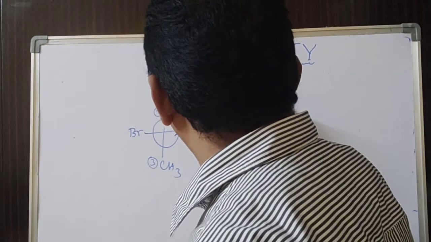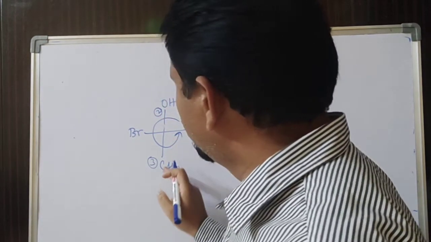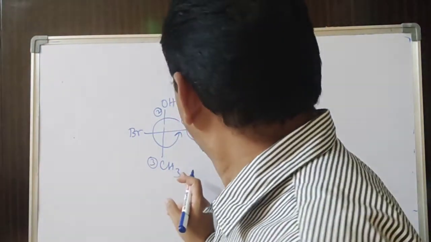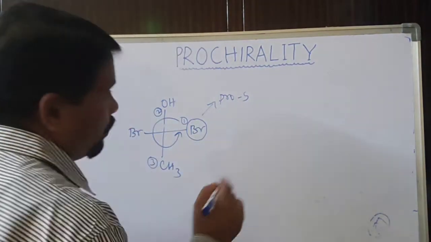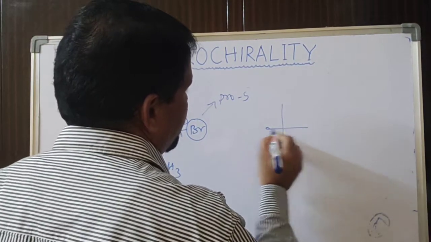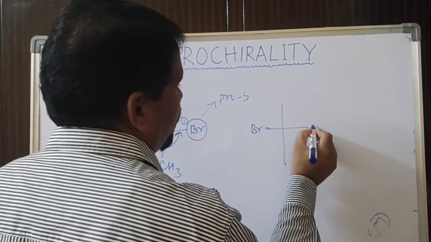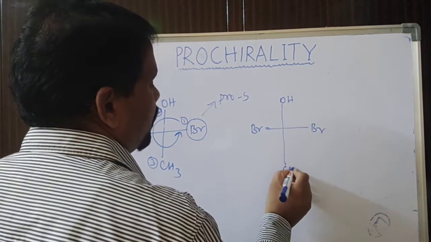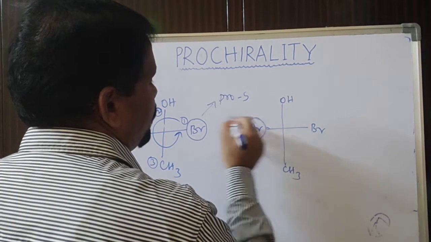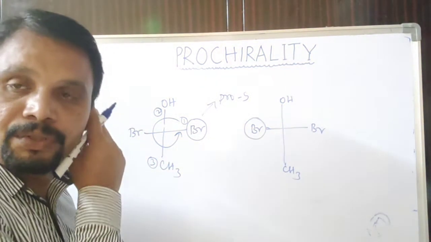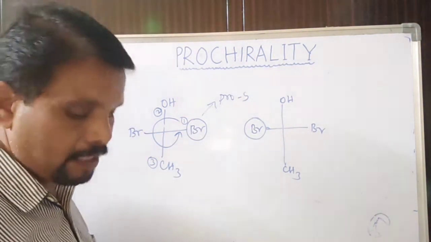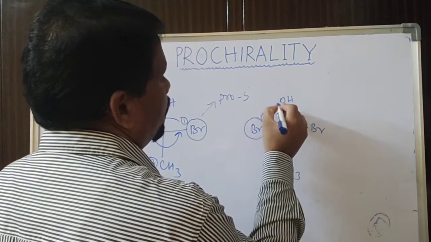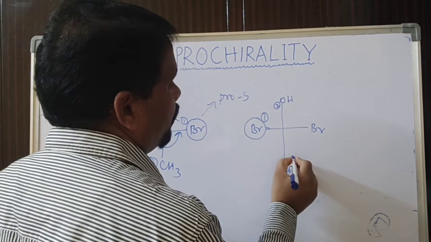Anti-clockwise, yes, because the least priority group is in horizontal or vertical position. Suppose this side bromine, CH3, OH. This bromine is a stereoheterotopic unit, so we will assign first priority, second priority and third priority.